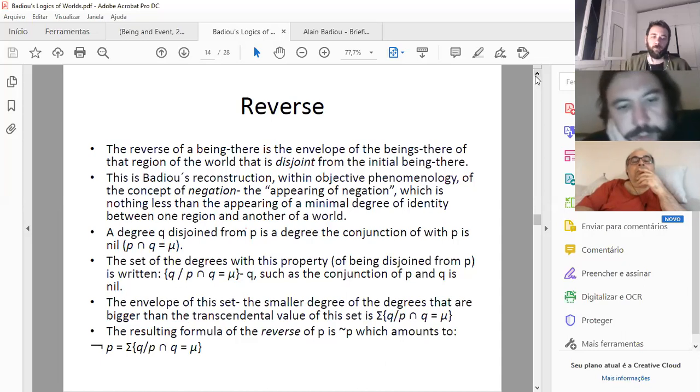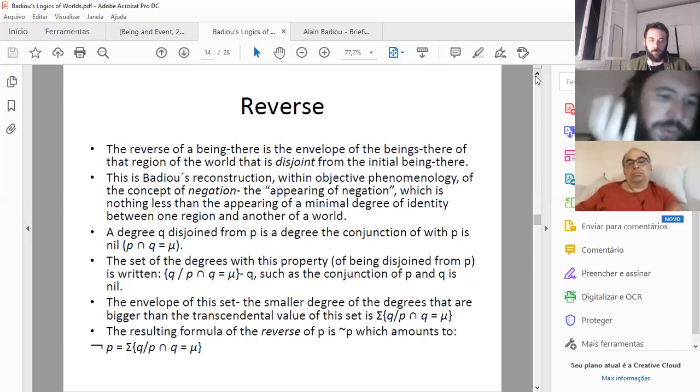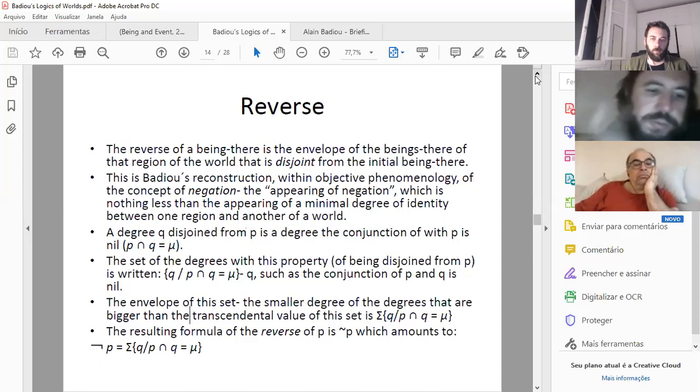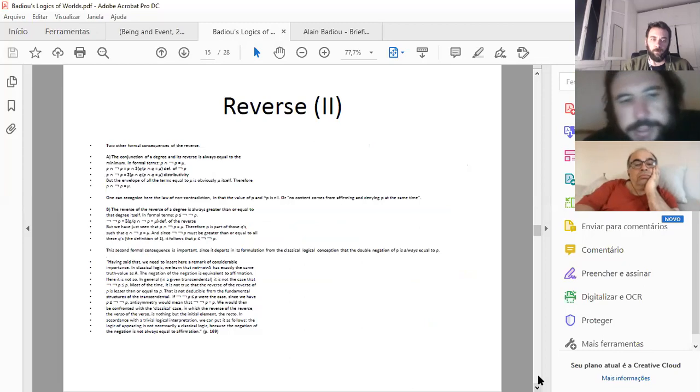The resulting formula of the reverse of P is non-P, which amounts to non-P equals the envelope of Q such that P and Q equals mu. So it is the part of the world that has the nil degree.